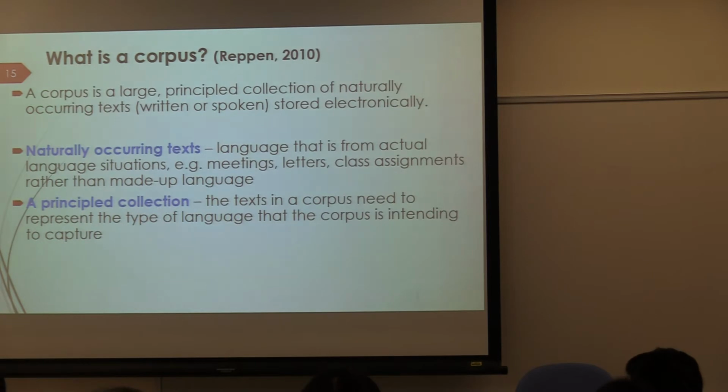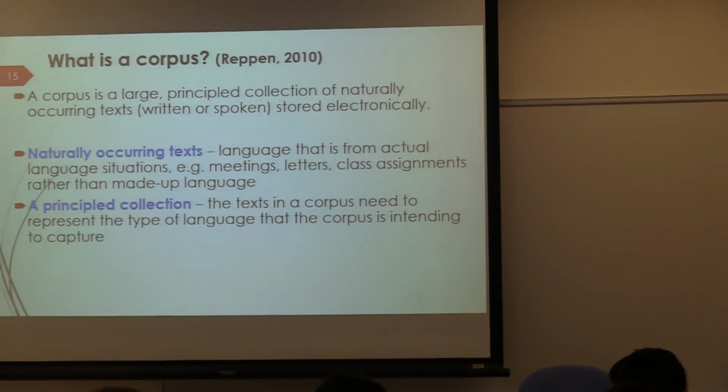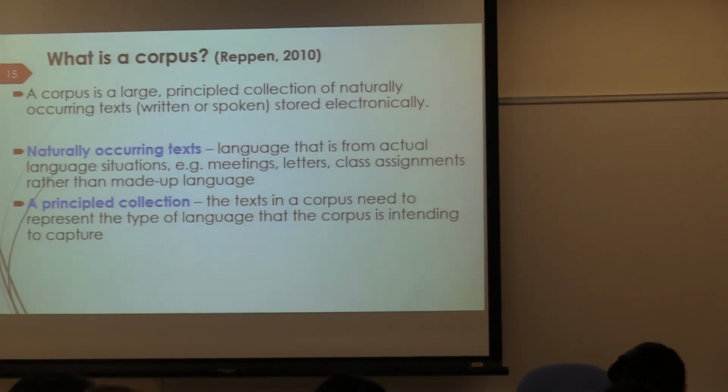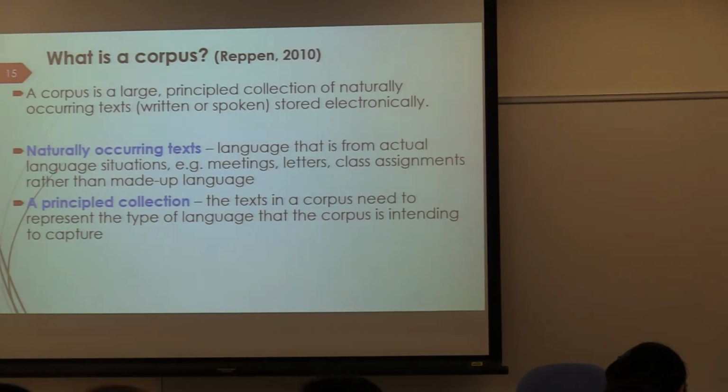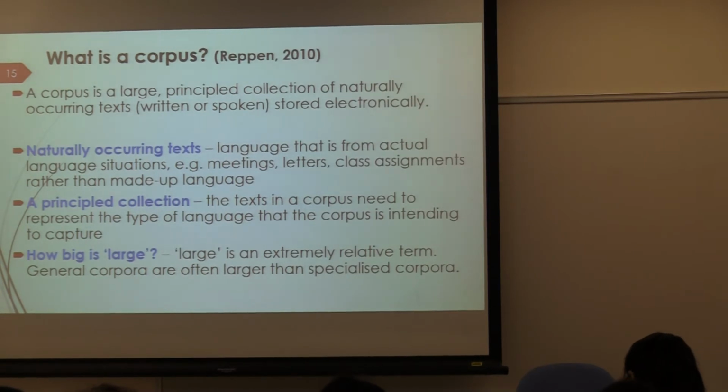Now, it's a principled collection depending on what the purpose is. We have just mentioned that, right? If you are interested in the news, the English used by journalists, then you have to refer to that kind of corpus. How big is large then?